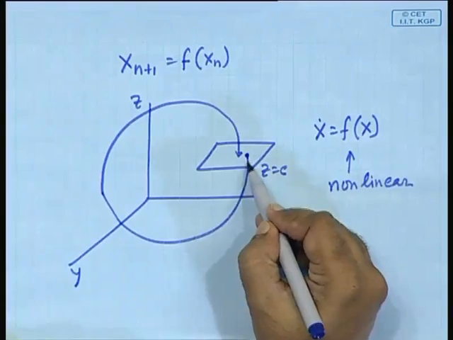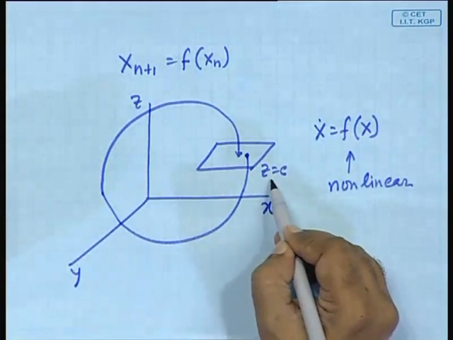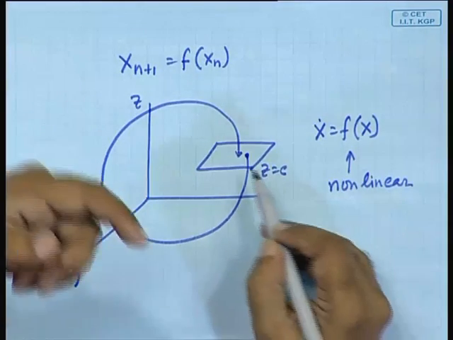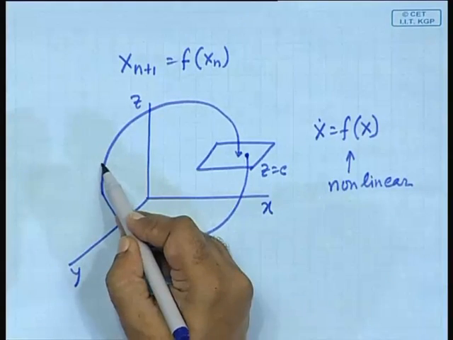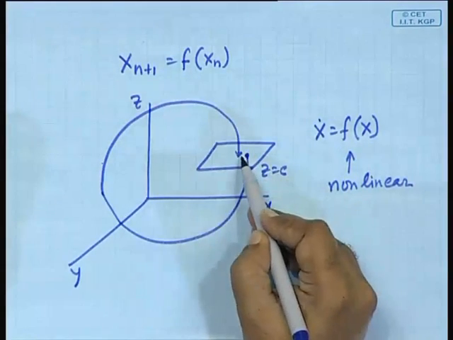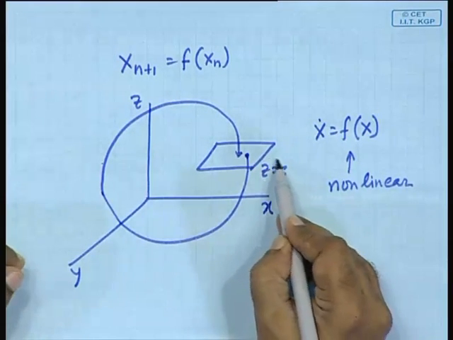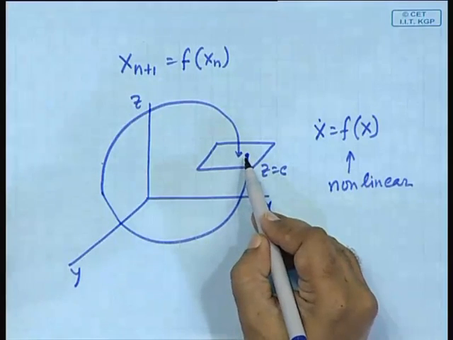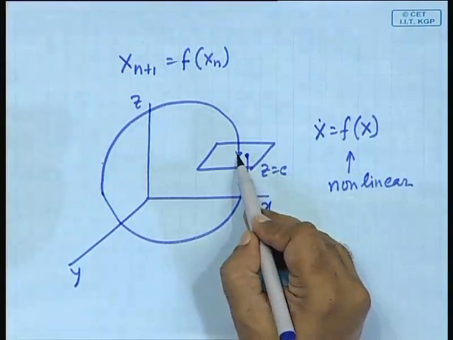That means, go on solving it till it satisfies the condition for this particular Poincare section from the same direction. Remember that, from the same direction. That means, this will not be seen. You will have to do it from the same direction. That means, not only the condition for satisfying this, but also the condition of the direction in which it is being satisfied have to be met. Then only you get the point here.